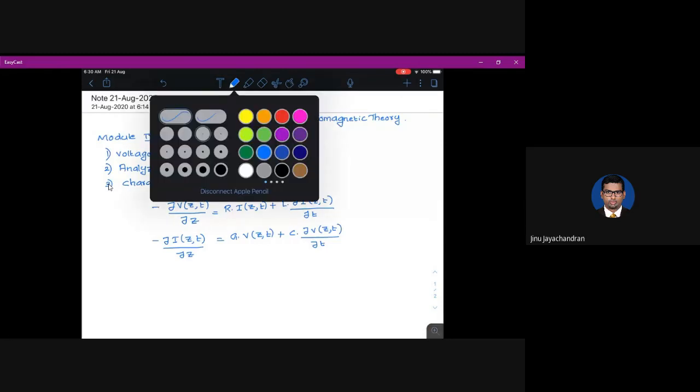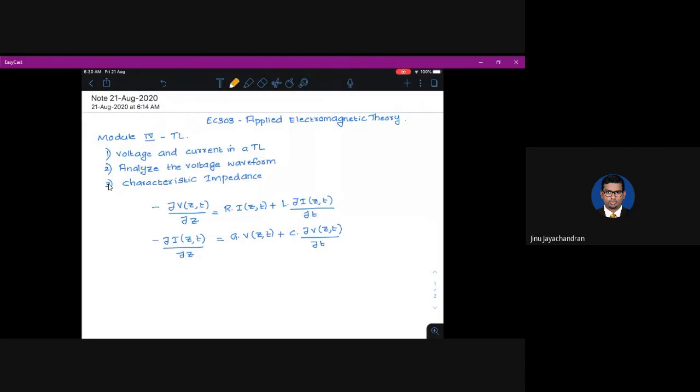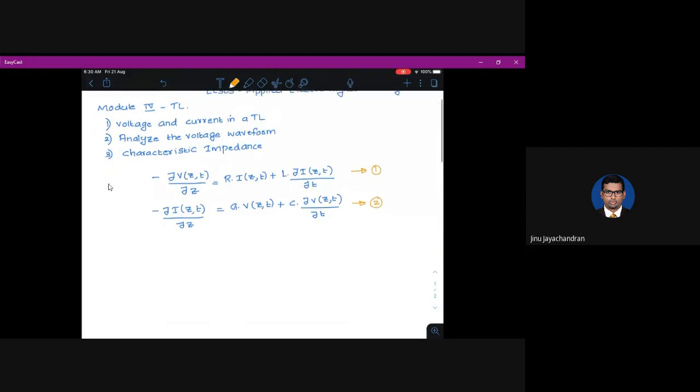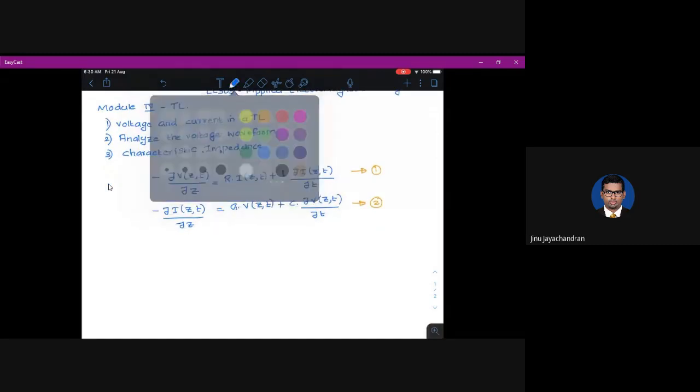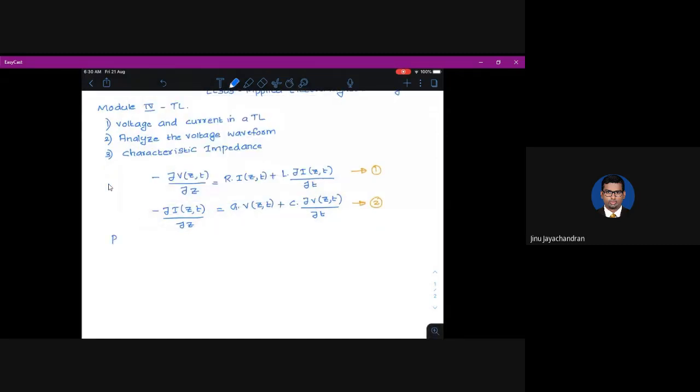And we had marked this equation as equation number 1 and this as equation number 2. Now, before going into how to solve this equation, I would like to introduce something called phasor form, because we are going to solve in terms of phasor form.